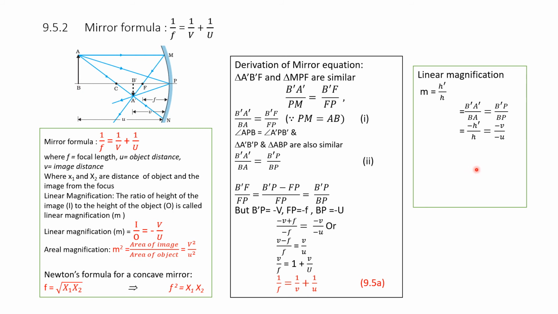Please practice it and draw this diagram repeatedly, so that you will understand the positive directions: positive when traveling from left to right and negative from right to left. So these substitutions of minus V, minus F and minus U are very important. Please practice it.